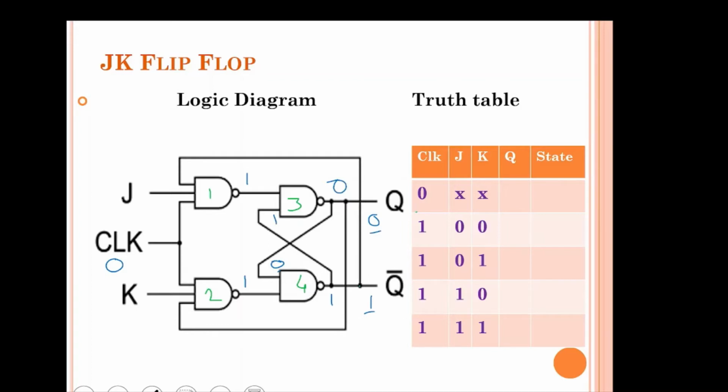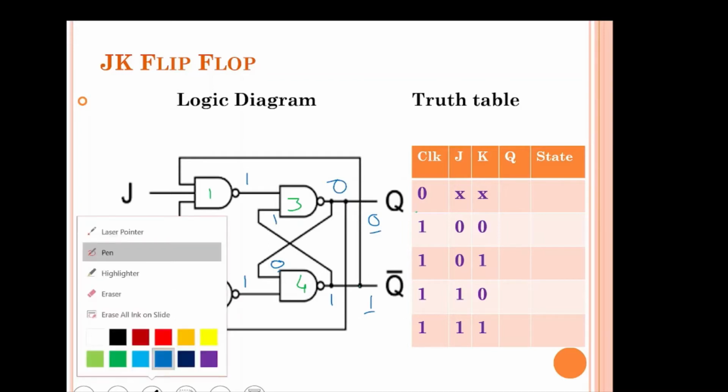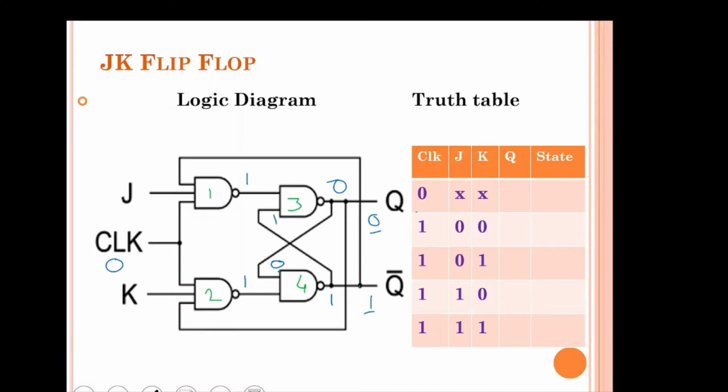that is 0, 1. Now if you consider that the previous state is 1, 0, then in that case this 0 goes here, then this 1, 0 will be 1, this 1 goes here and then 1 and 1 will be 0. For this as well we have got the same output, that is 1, 0.